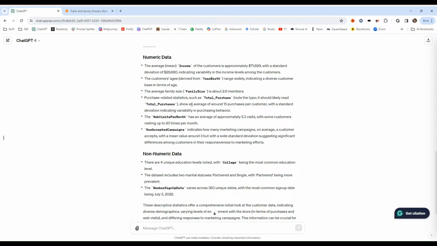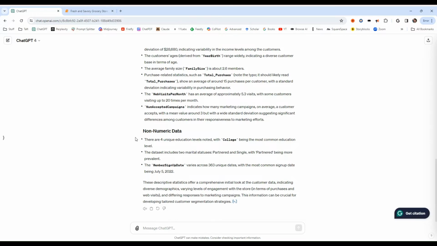We can see for total purchases, it shows an average of about 15 purchases per customer. We can see that for web visits, there's an average of approximately 5.3 visits, with some customers visiting up to 20 times per month. And we can see how many times people have been accepting our campaigns.